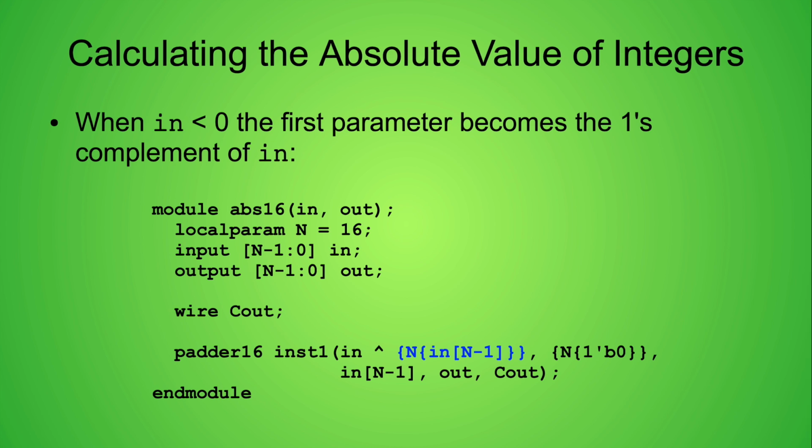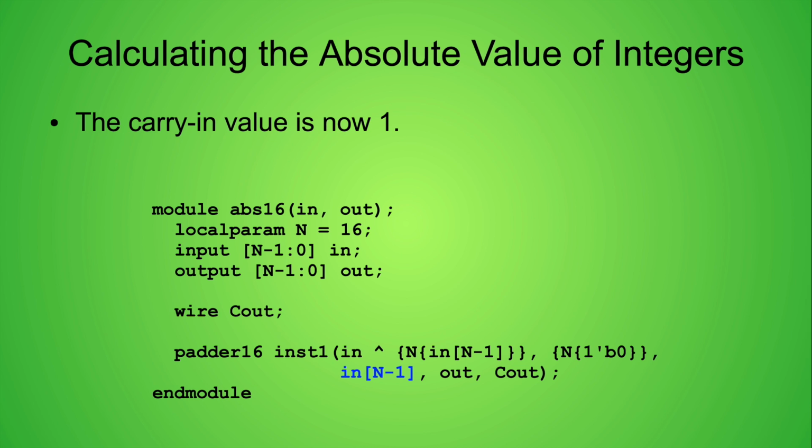In the case that the input value n is negative, the bit vector, highlighted in the slide, will be filled with 1's. So the exclusive OR argument passed into the adder will be the 1's complement of the input value n. As before, the second argument to the adder is 0, but this time, since the value of n is negative, the sign bit of n, the carry-in value passed to the adder, is 1.